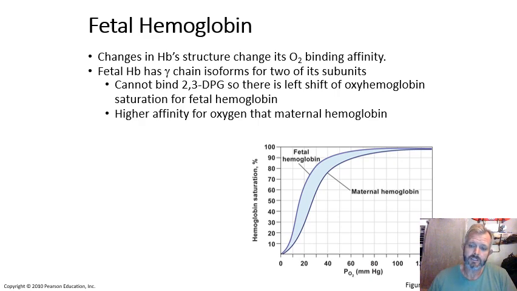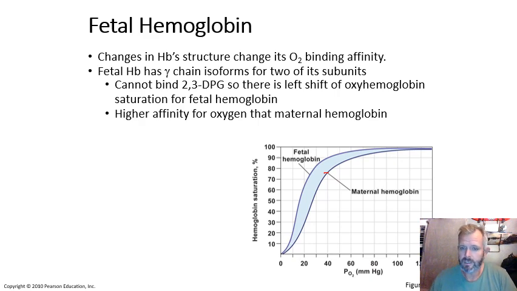If the fetal hemoglobin had the same affinity as mom's, when mom released it, hemoglobin wouldn't bind to it because the affinity would be the same. So fetal hemoglobin has a higher affinity, so it can pick up the oxygen that mom leaves.